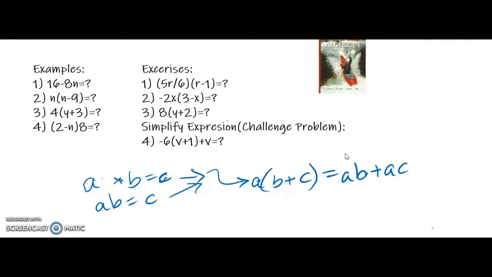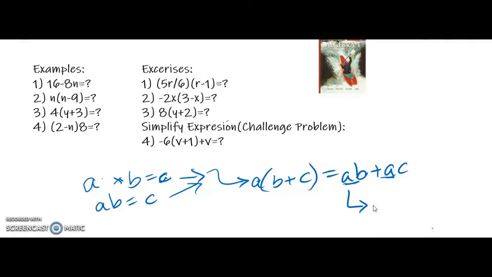Now, similarly, if you have ab plus ac, you can do another operation. It's called factoring, in which you factor out the GCF. In this case you have two terms, and the greatest common factor is a.